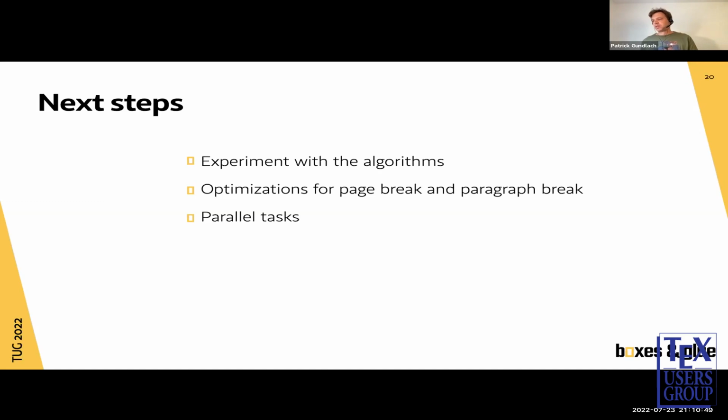And there are other areas where we can gain a lot with parallel execution of tasks, like the font subsetting. This can be done in parallel, it doesn't have to be waited for each step. It's very good to be parallelized. Okay, I'm very fast today.